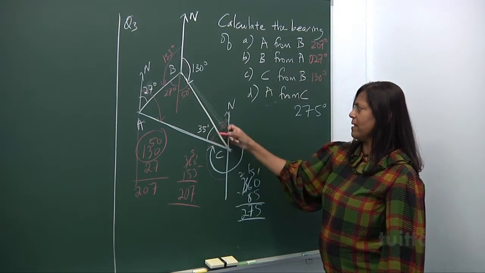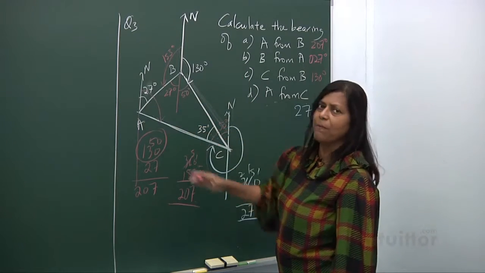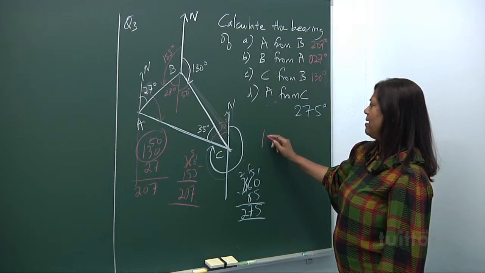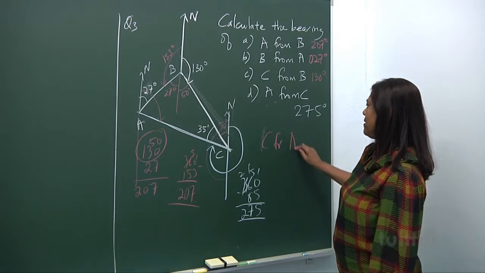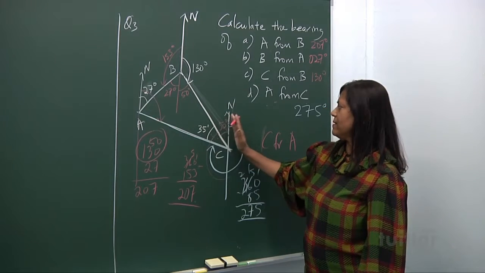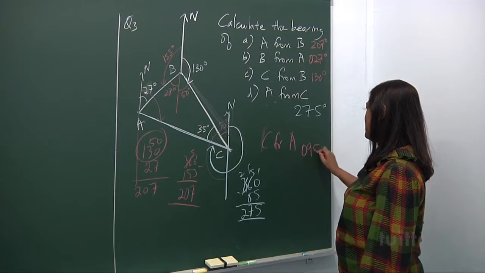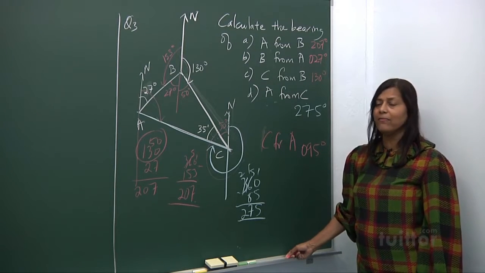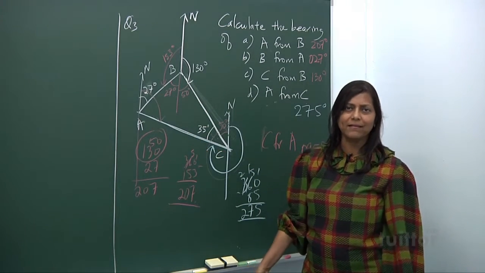If you know this angle is 85, these two are interior opposite angles. So the bearing of C from A, this is 85, this will be 95 degrees. 180, take away 85, because they are interior opposite angles.